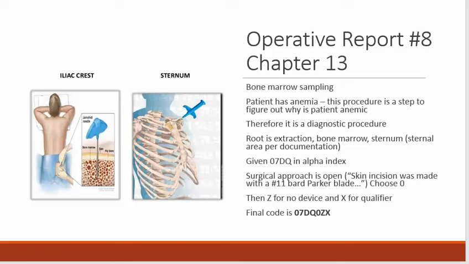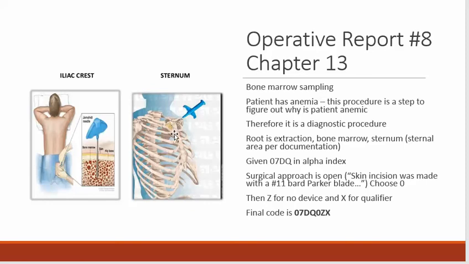We're given 07DQ in the alpha. We move to the 07D table. The surgical approach in this case is open because it says a skin incision was made. This is the iliac location. This is a sternal.